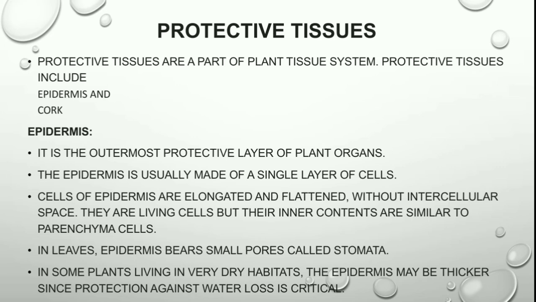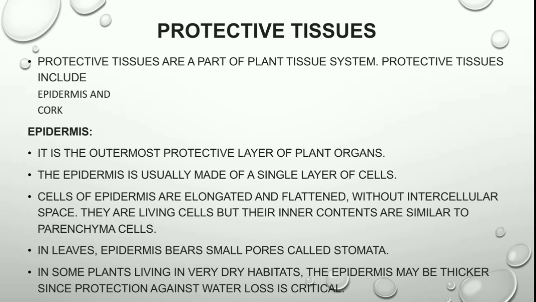So stomata help in the exchange of gases, for intake of carbon dioxide for the process of photosynthesis and for release of oxygen. Loss of water in the form of water vapor, also known as transpiration, also takes place through the stomata.